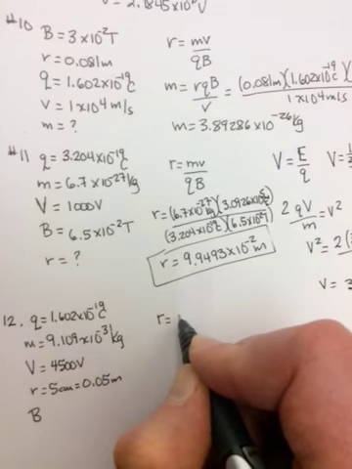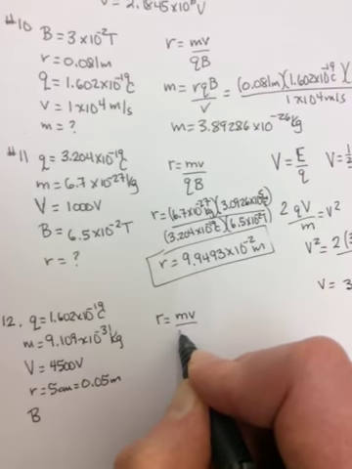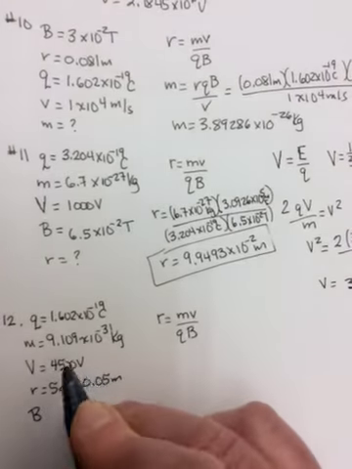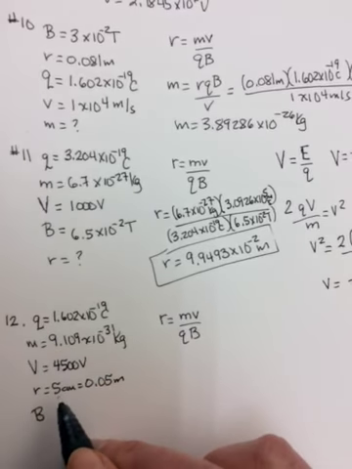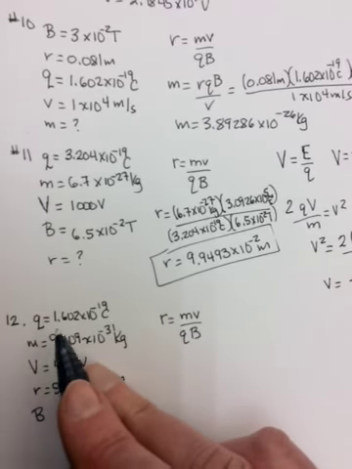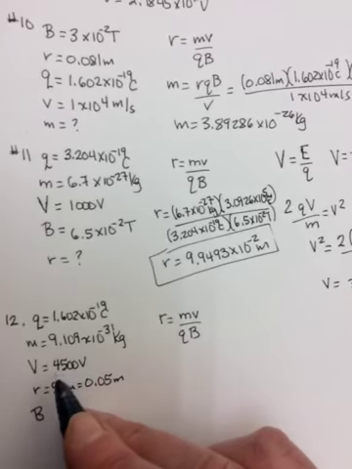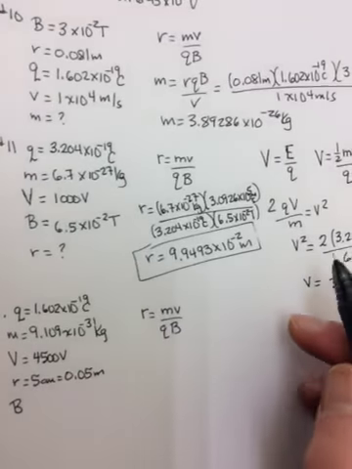So if we go to R equals mv over qB, you'll see that we have an R, a mass, a Q, but no speed again. Instead, we have a potential difference.